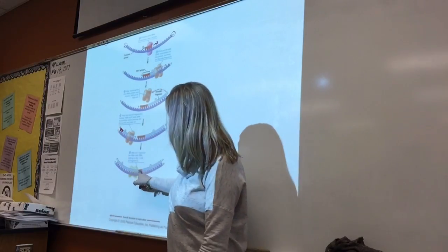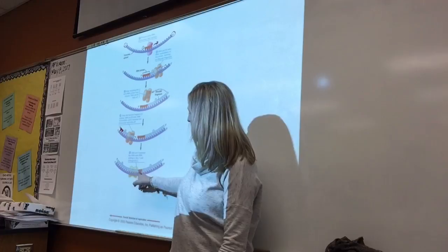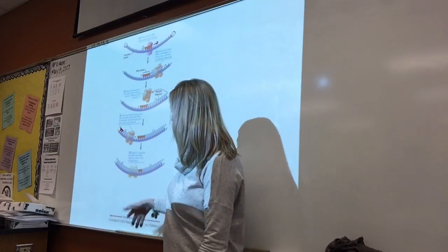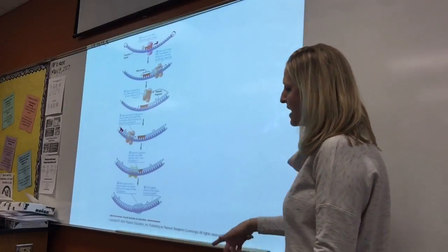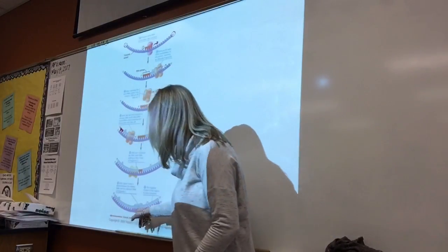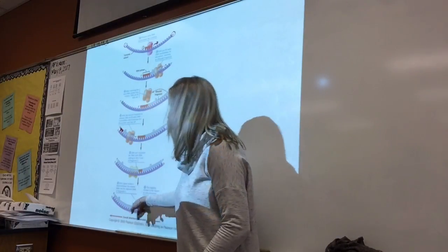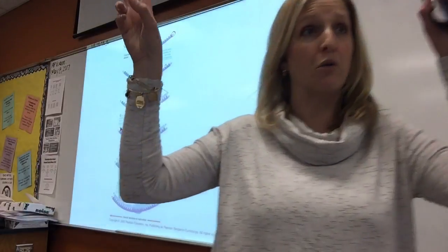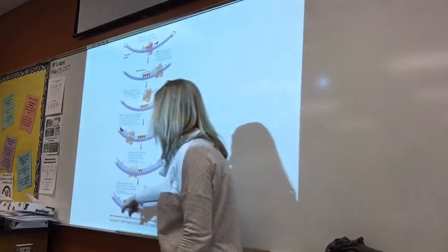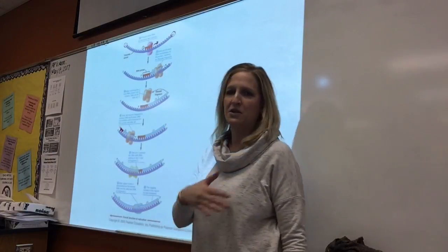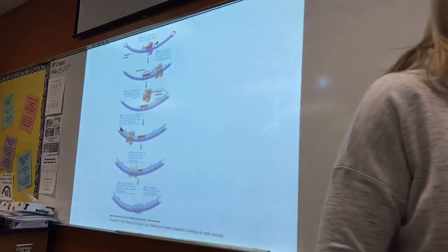That's why this little primer is now shorter, because it's replacing the RNA nucleotides. And then last but not least, which we have talked about, DNA ligase comes in to quote-unquote glue the strands together, so you have all the Okazaki fragments as one continuous piece of DNA.